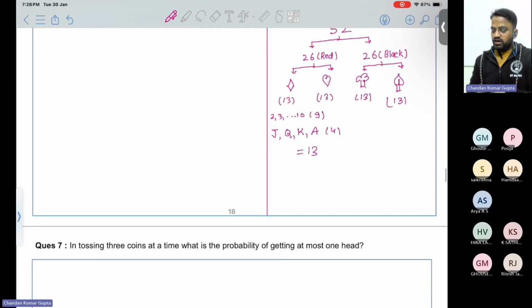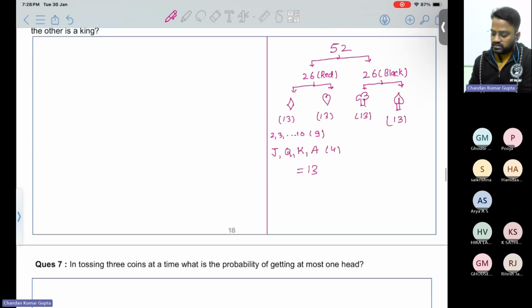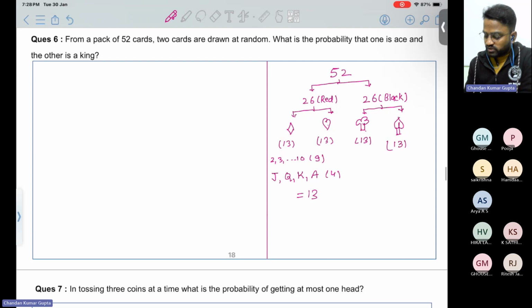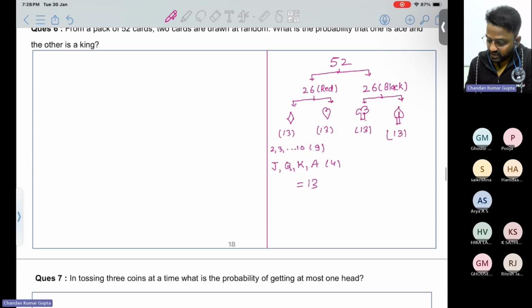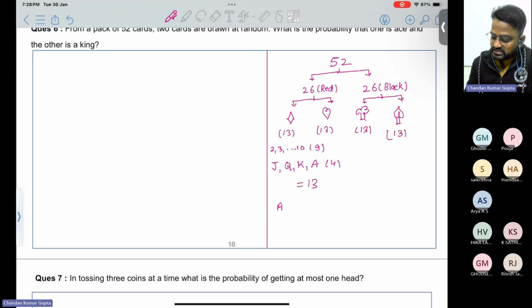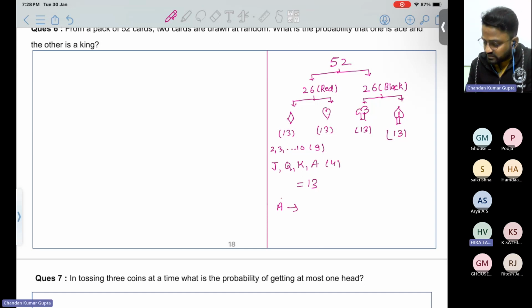Thank you. You can also see here that there are alphabetical cards and numerical cards. Suppose I am asking you, how many cards are there in a deck of cards on which A is written? Four.